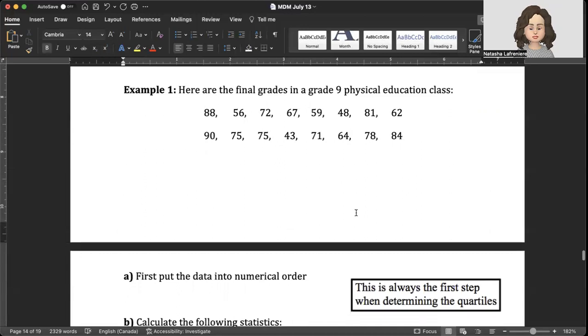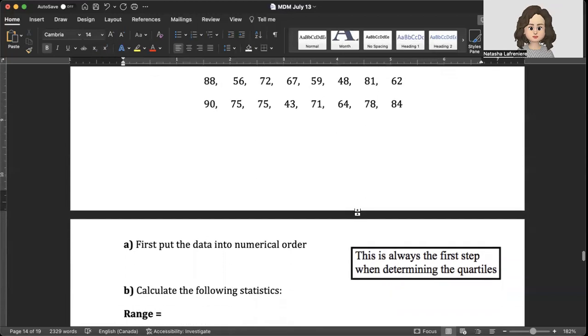Okay, so we've got example 1 here, the final grades in a grade 9 physical education class. So first put the data in numerical order. So we've got 43, 48, 56, 59, 62, 64, 67, 75, 75.